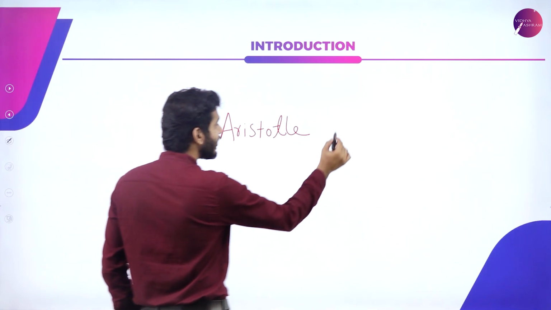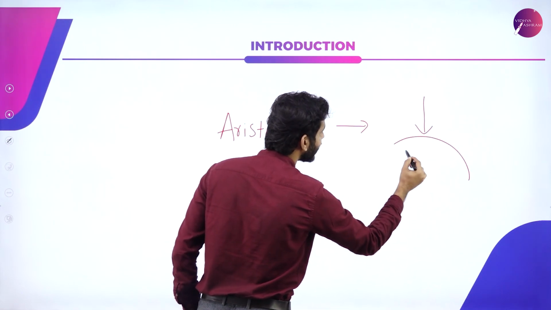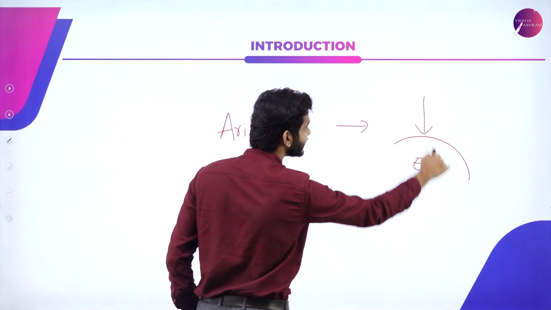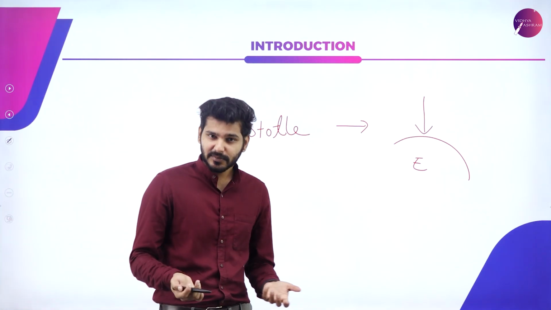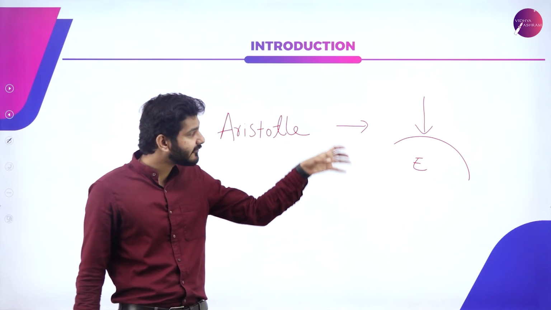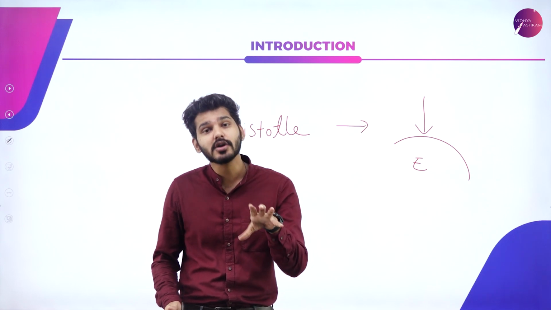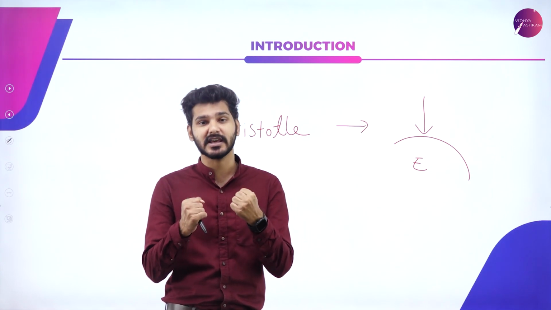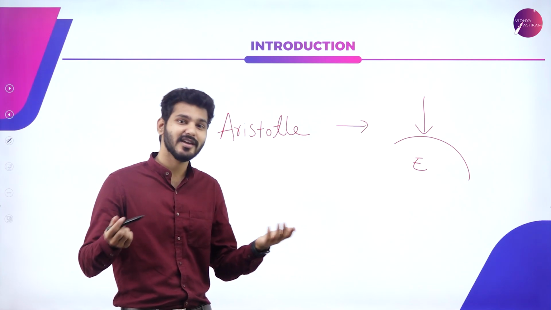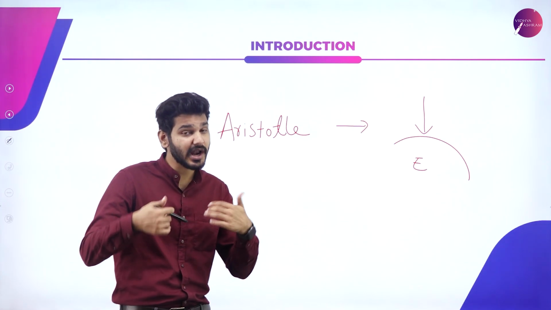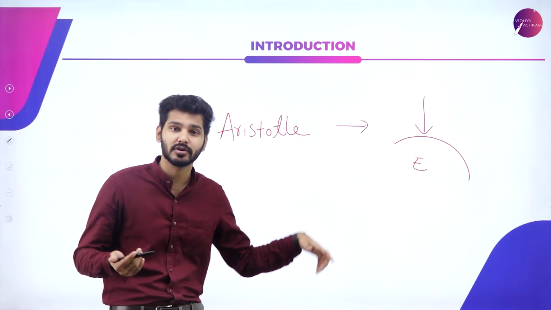Aristotle thought that when things were falling onto Earth, this is Earth and this is an object falling, the only reason why things fell onto the Earth was because the objects had a strong yearning for Earth. That is, from a philosopher's standpoint, maybe, but from a physics standpoint, now we know that is not really the reason why objects fall onto the Earth.